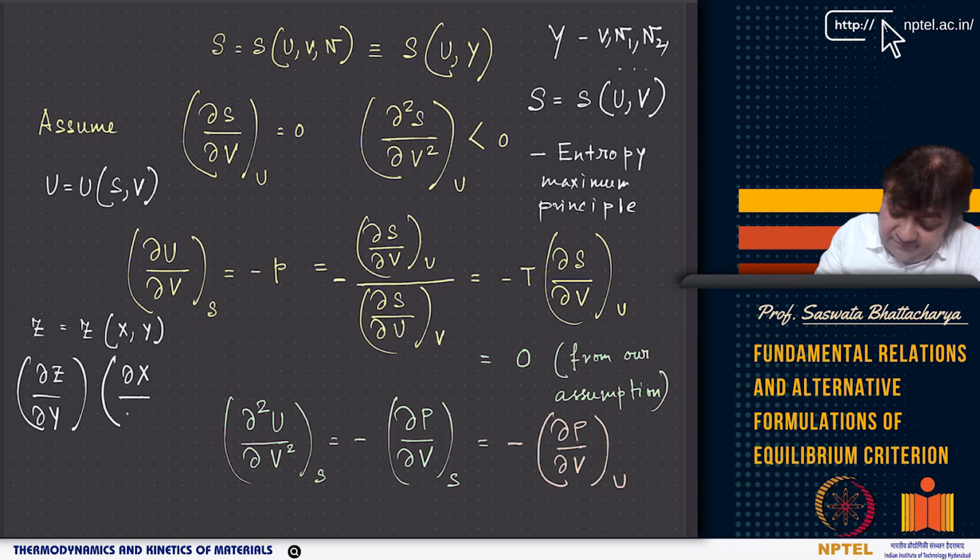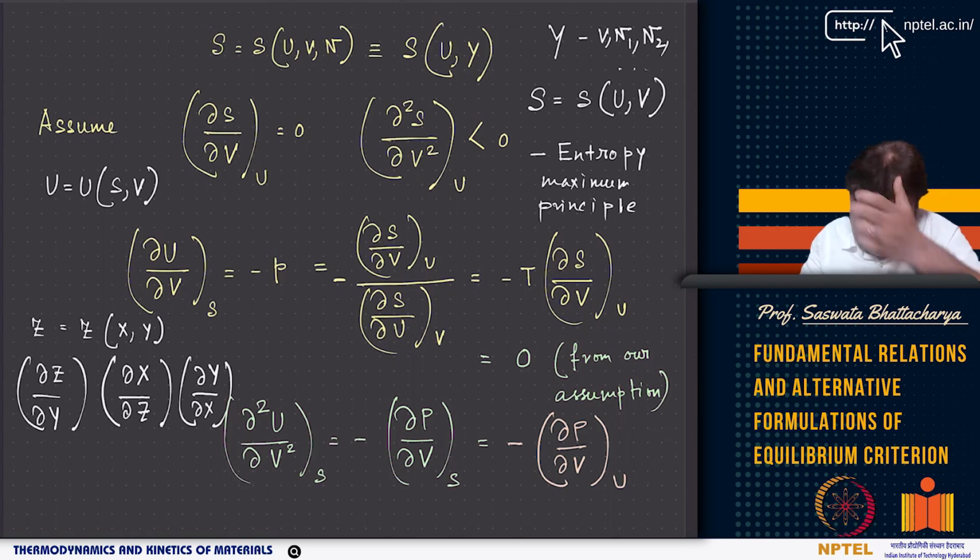So you will have X here. See, it's nothing but a chain rule: ∂X/∂Z, ∂Z/∂Y, ∂X/∂Y. So this indeed will be equal to ∂Z/∂Y, ∂X/∂Z, ∂Y/∂X, and this goes to -1.